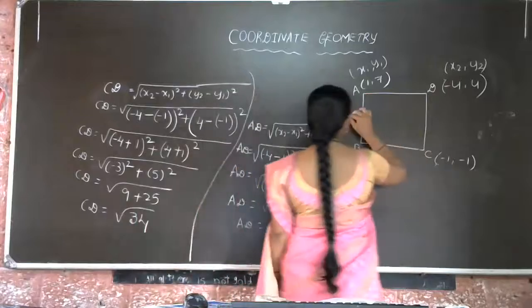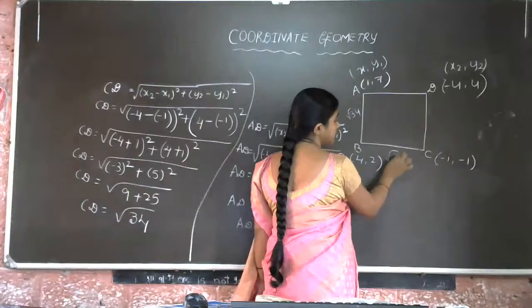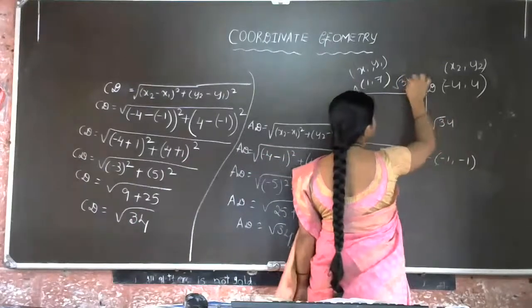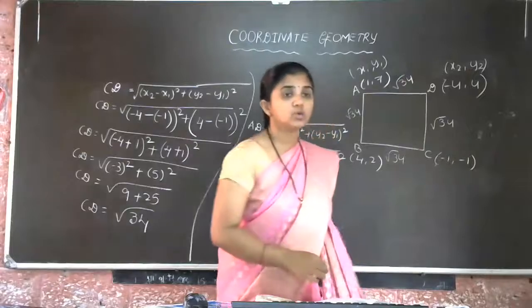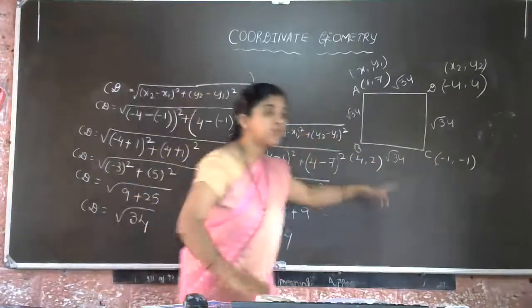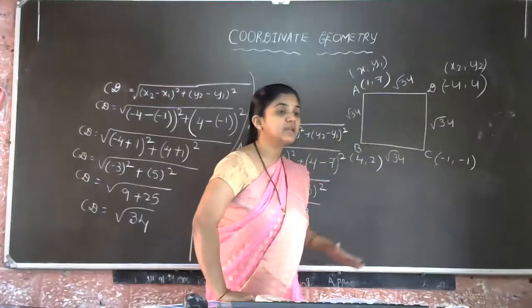So from this we can observe that the distance of AB is root 34, BC is root 34, DC is root 34 and AD is also root 34. So only if all the four sides are equal, can we say that this is a square? No. So we have to show one more: diagonals are equal.